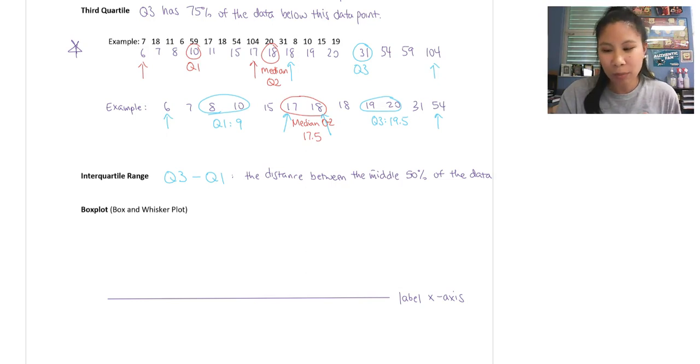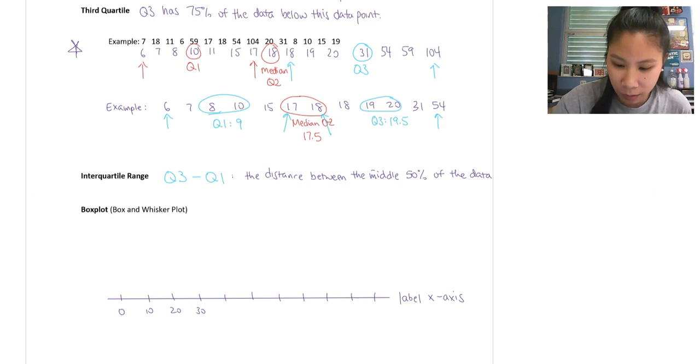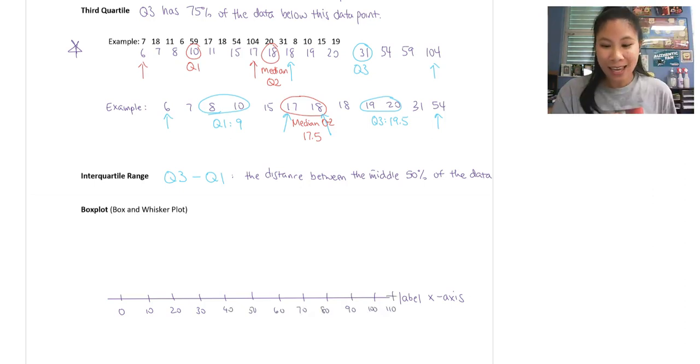So I'm probably going to go by tens on my x-axis, just because 104 is pretty high up. Once we have everything set up, we really just need 5 numbers to go on our graph. It's real easy to do.